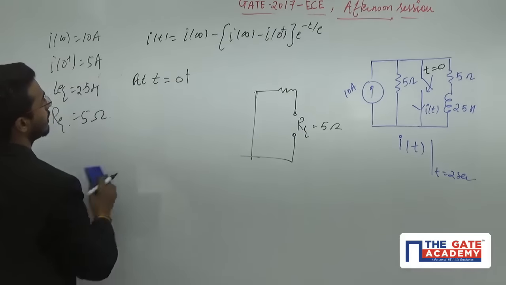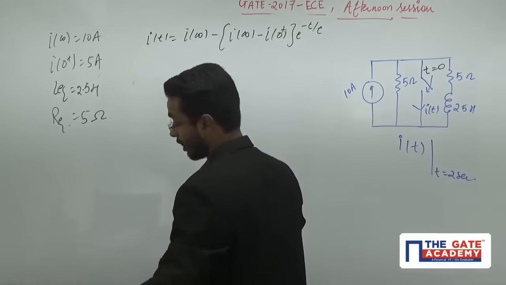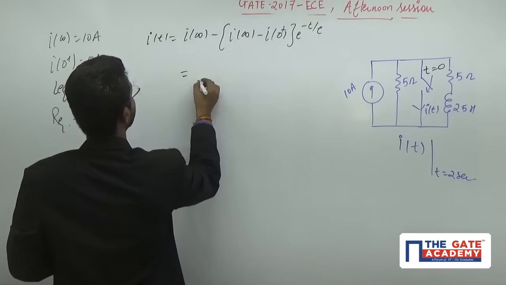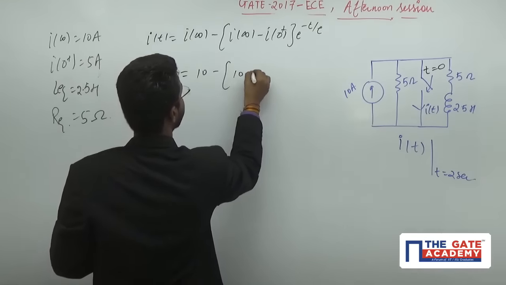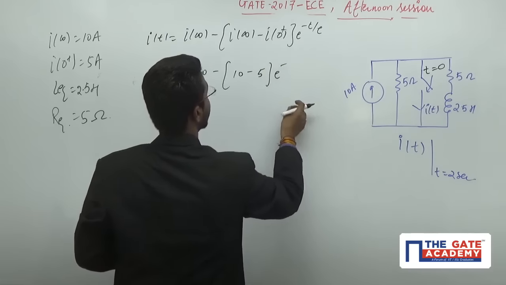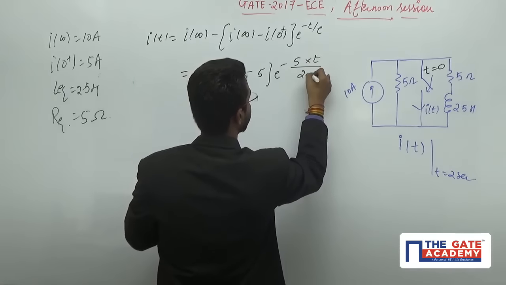Put all the values here. As you put all the values here, you will get something like this: 10 minus 5 e raised to minus t by tau. That means Rt by L, 5 into t divided by 2.5.